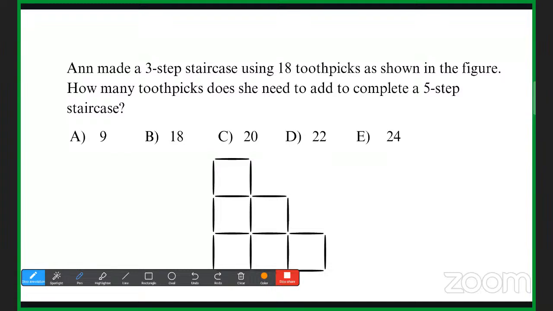Ma'am, 22. 22, okay. Ma'am, 9, I think. 22 is the answer, ma'am. I think 24. 24, okay. Ma'am, C, 20.